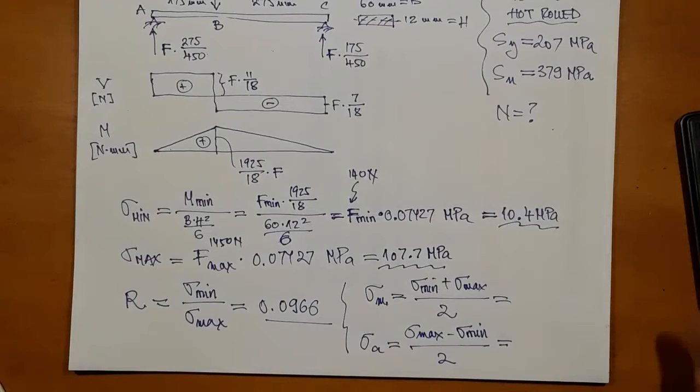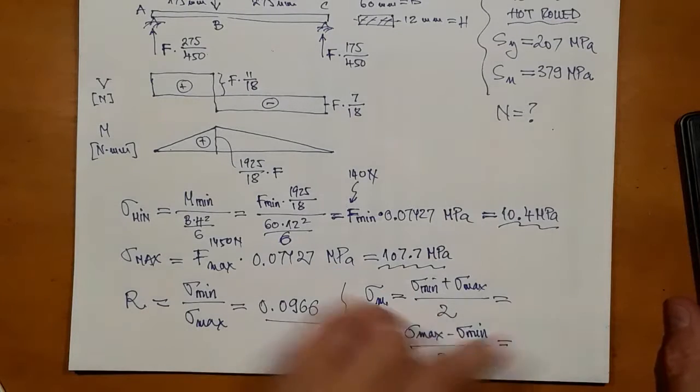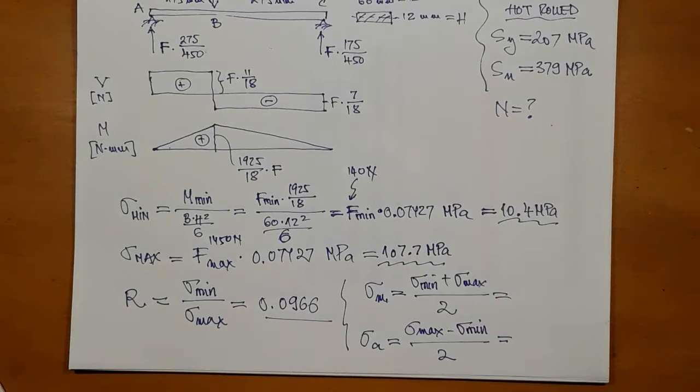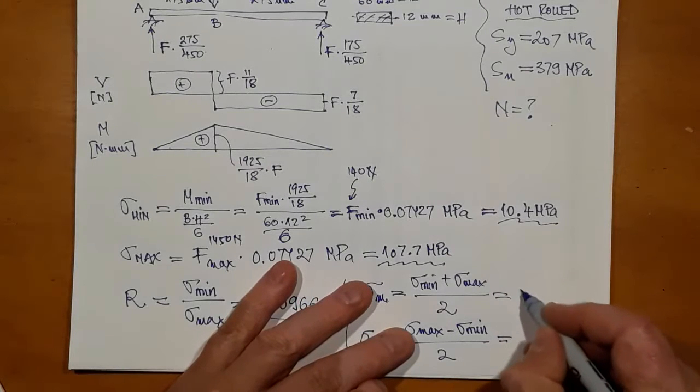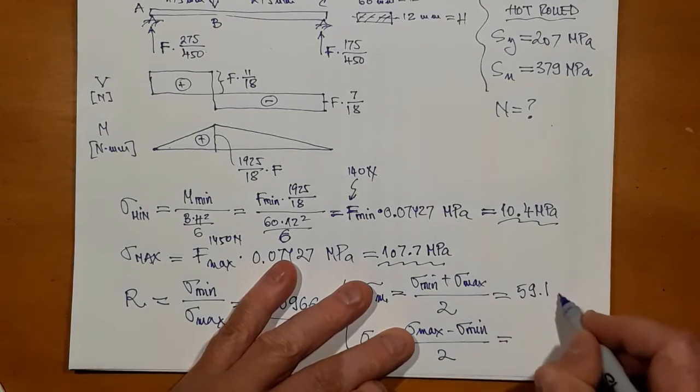And with the two values here, so I have 107.5 plus 10.4 divided by 2 equals, that's 59.1 megapascals.